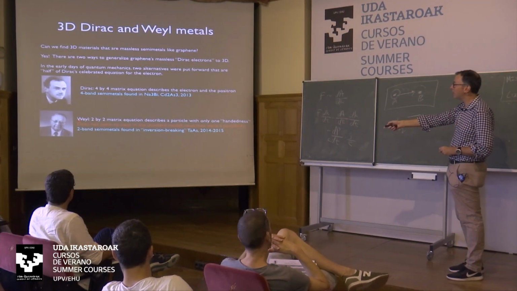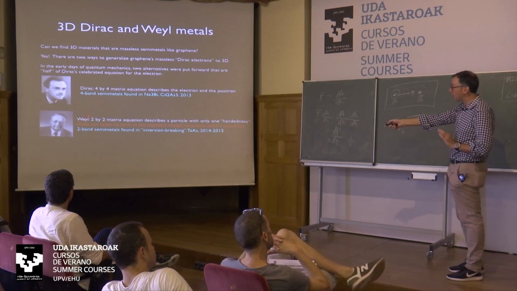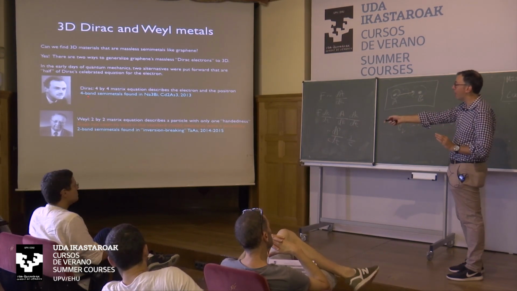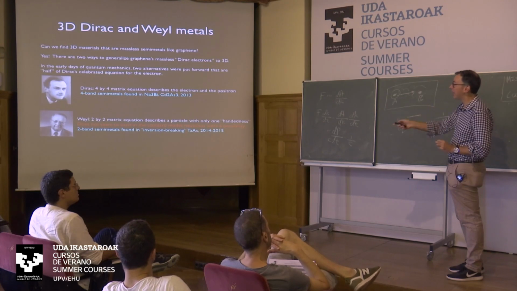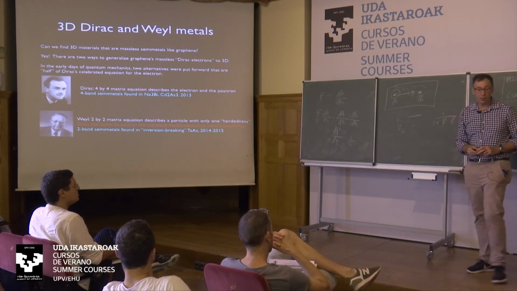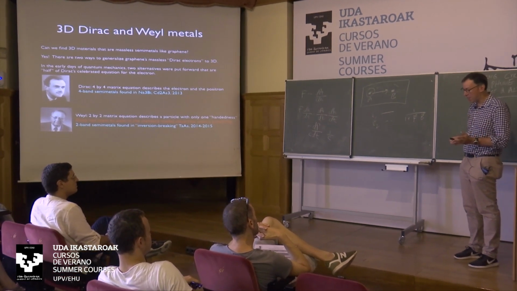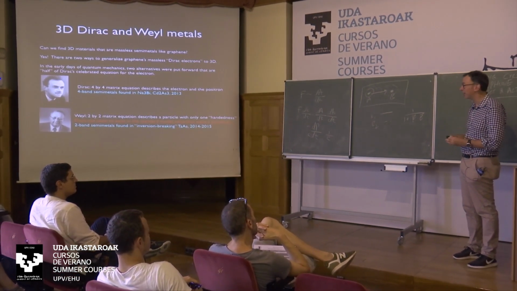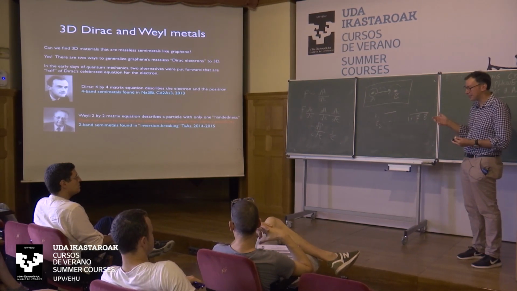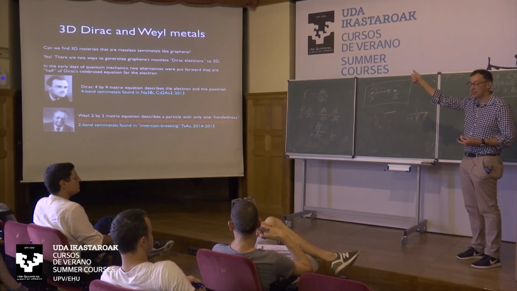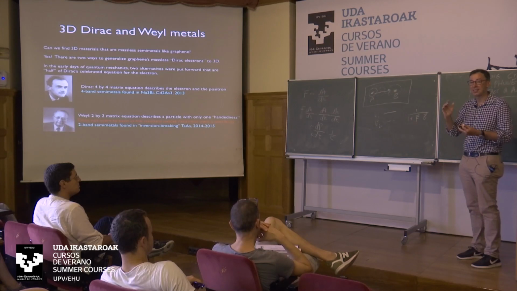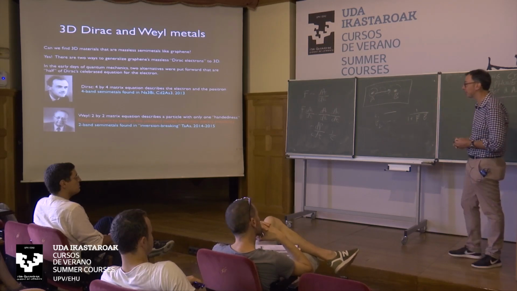And what's maybe even more exciting is Weyl pointed out the following, that if you specifically are thinking about massless particles, then there's a way to separate out the Dirac equation, which is the following. One natural basis to work in for particles is the helicity basis, where you've got right-handed vectors where the spin is along the direction of motion, and left-handed vectors where the spin is opposite the direction of motion.